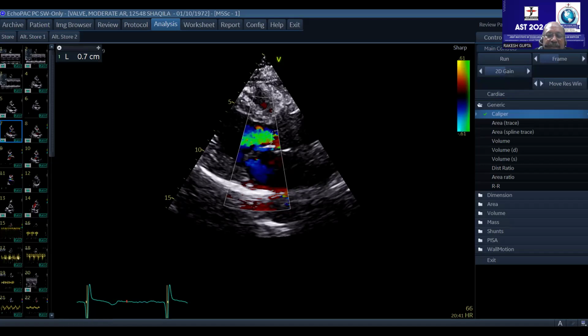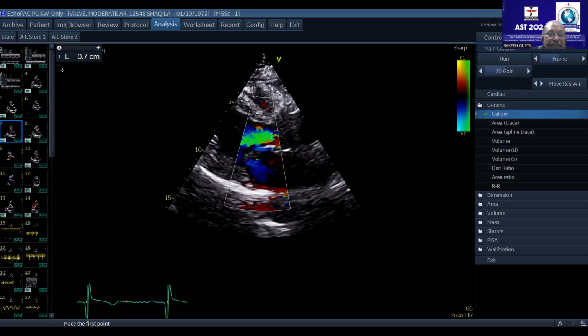So we'll keep on writing. This is 0.7. What was the LVOT diameter? Nobody remembers, right? Centimeters, sir. 2 centimeter. 20 millimeter, and this is 7 millimeter or 0.7.